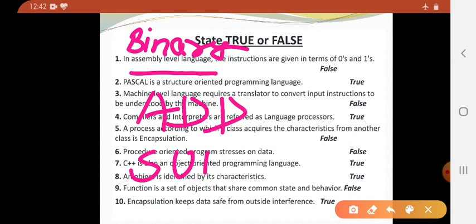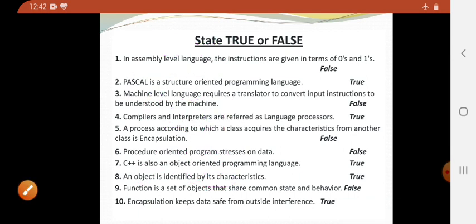So keep in mind. Next, Pascal is a structure oriented programming language. It's true. As I told you before, all things are not given in your book. Some are given by my own. So don't be confused about it. Machine level language requires a translator to convert input instructions to be understood by the machine.